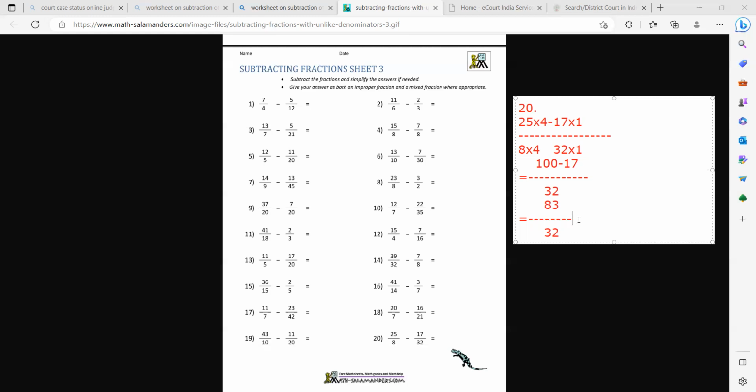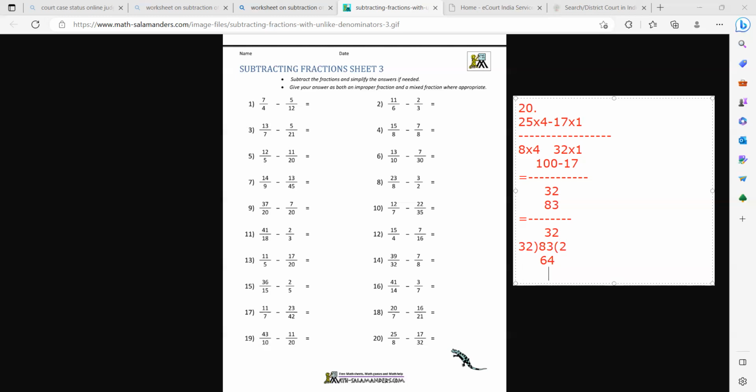Now we need to divide 83 by 32. 32 into 2 is 64, then 83 minus 64 is 19. So 2 whole 19 by 32 is the correct answer.